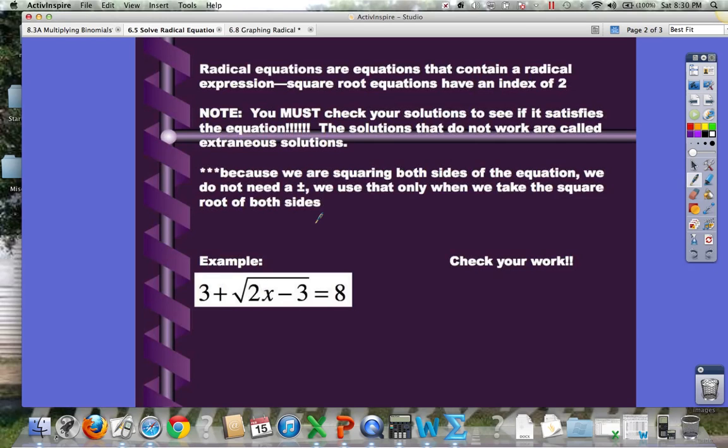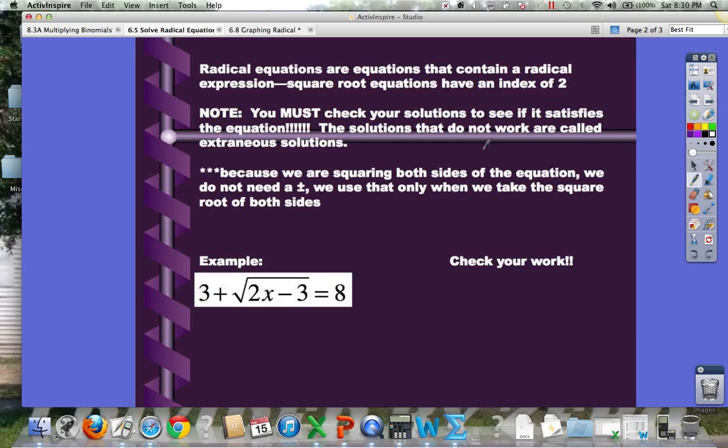All right, so for example, you're going to have a problem like this: 3 plus the square root of 2x minus 3, that's all under the radical, and that equals 8. You have worked these problems before. Remember, the whole key to this is to isolate the radical sign and then go from there. So if we need to isolate the radical sign in solving this, we need to move this 3.